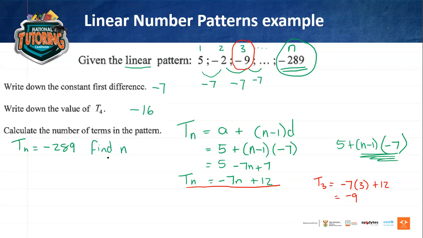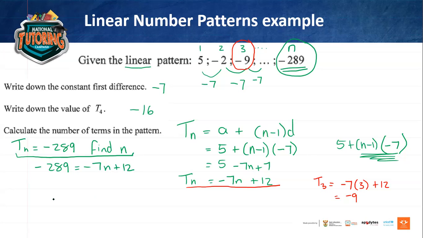Find or calculate n. That is what this question is asking me. So I'm going to use the formula that I've just worked out, and substitute in negative 289 in the place of Tn. It is the value of the number pattern. So I get negative 289 is equal to negative 7n plus 12.